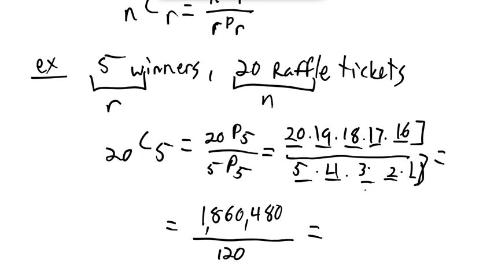And so this will tell us the total number of different groups of 5 winners who will come from these 20 raffle tickets. So we find out that there will be a total of 15,504 different groups of 5 people who can win this raffle.